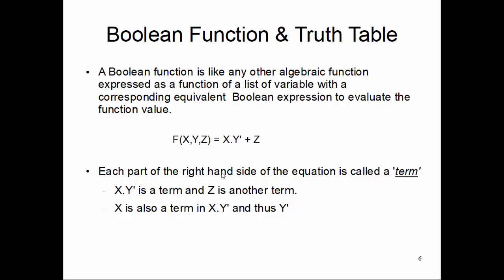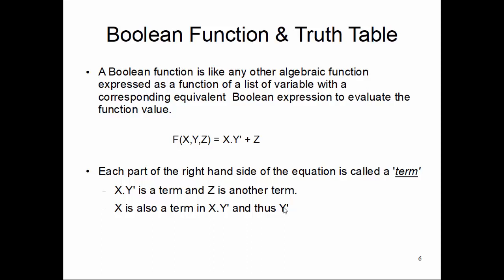Now each part of the right hand side of the equation is called a term. Okay, so here in this example, the x, y bar, okay, y tick, we call it y bar frequently. So it's a term, z is another term, and also within this x and y bar, x is also a term, and so is y bar.